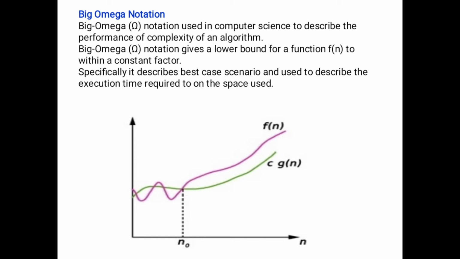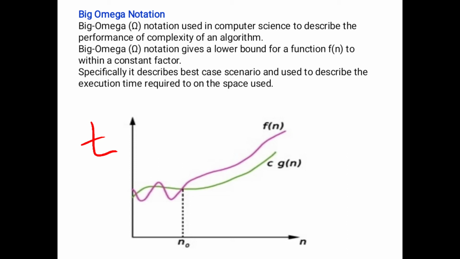So what is the graphical representation of big omega notation? As usual, the x-axis carries the function and the y-axis carries the time. Then draw the functions c g of n and f of n, and the two functions meet at a point represented as n naught.